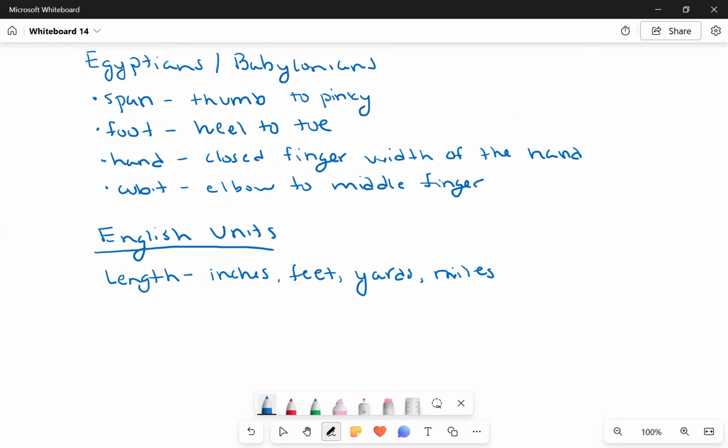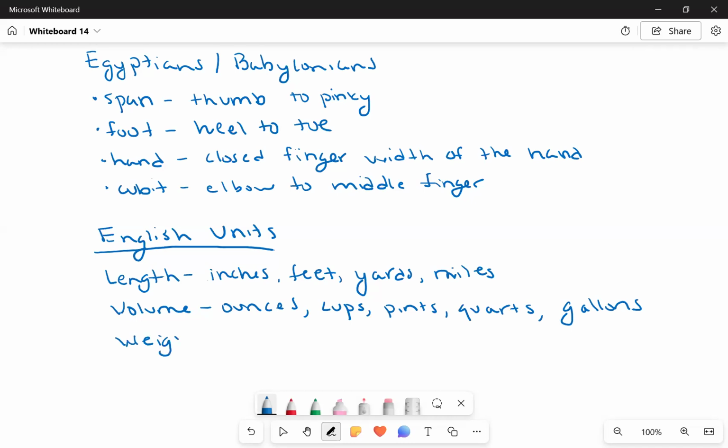For volume, we use ounces, cups, pints, quarts, and gallons. And then for weight, we also use ounces again, pounds, and tons.